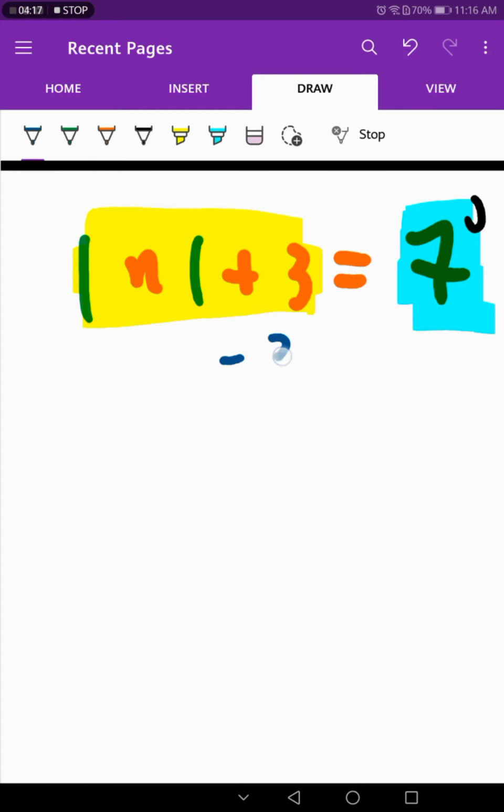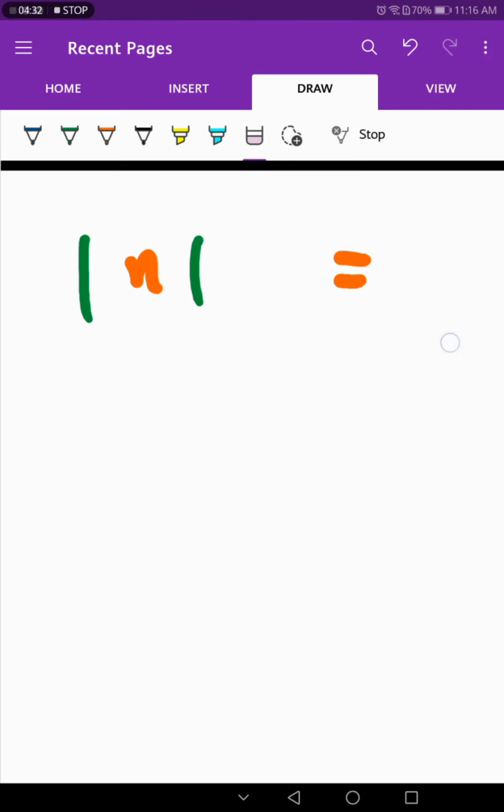So negative 3 on this side and negative 3 on this side. Both of them balance. Yes, thank you, Faris. Now this will be eliminated, and 7 minus 3 is 4. Great. So the absolute value of n is equal to 4.